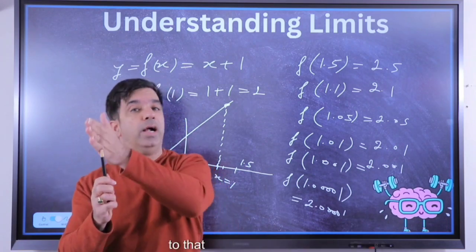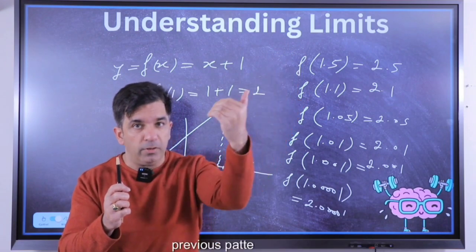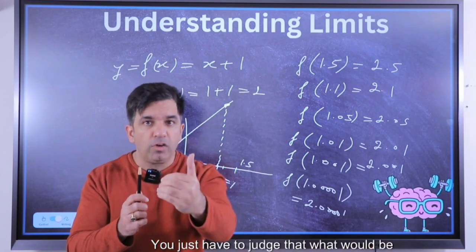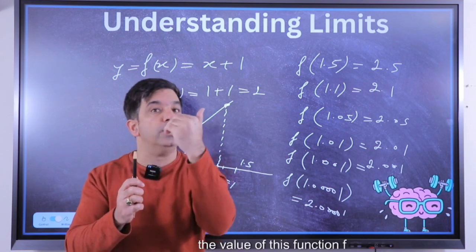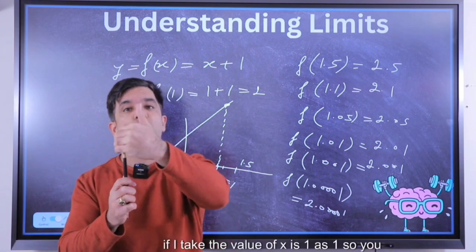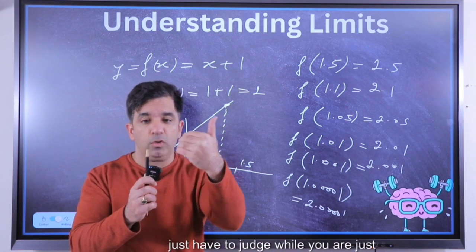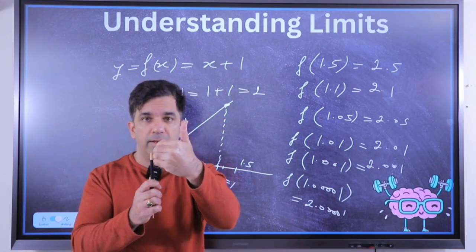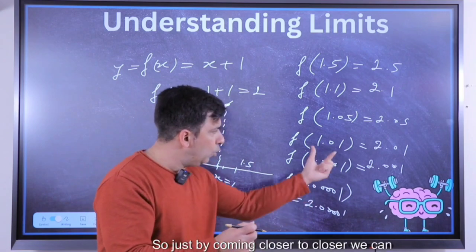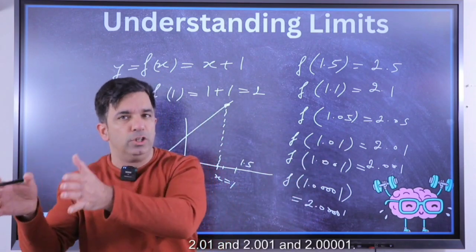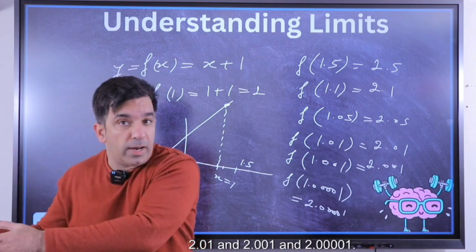You don't have to go to that number. Just by looking at the previous pattern that is happening, you just have to judge what would be the value of this function f if I take the value of x as 1. So you just have to judge while you are just standing at the gate of this number 1. Just by coming closer and closer, we can see that the value which I am getting is 2.01, then 2.001, then 2.00001.